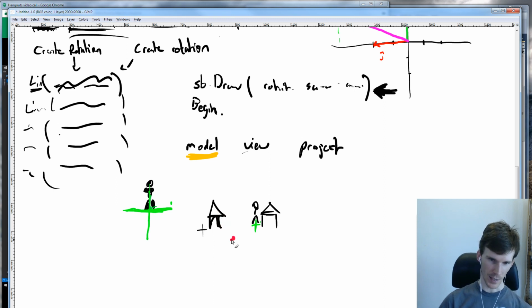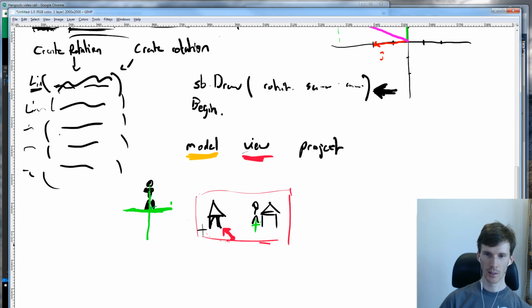I might be here looking at this house, and so what the view matrix does is it basically transforms the entire world around, so that it's sort of in front of the origin. I'm not sure that's a really great way to explain it, but it transforms everything in the world such that it's in the right place so you can see it.